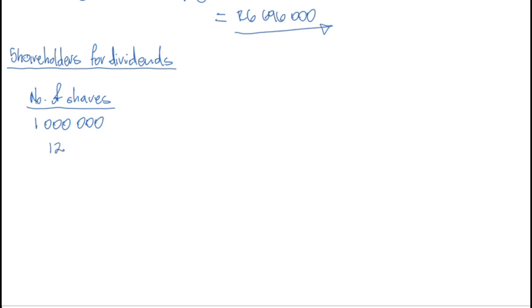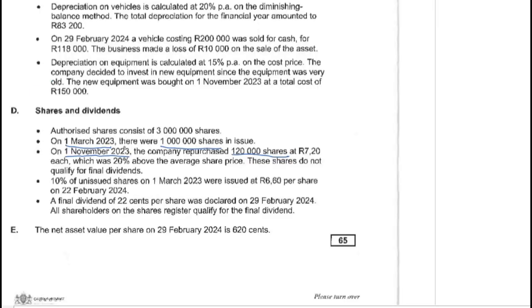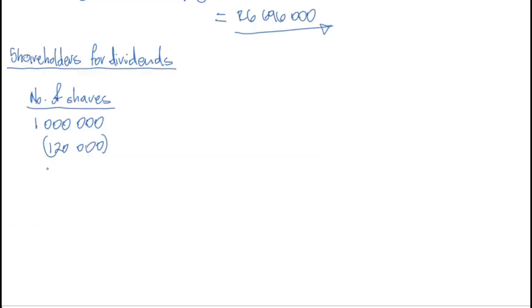So that means from the 1 million shares that were in issue at the beginning of the year, we must remove 120,000 shares that were repurchased by the company. The 200,000 shares that were issued on 22 February 2024 will also qualify for a dividend, because we are told that all shareholders on the shares register qualify for the final dividend.